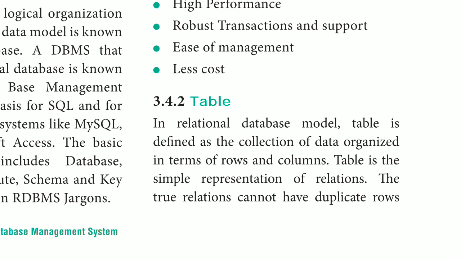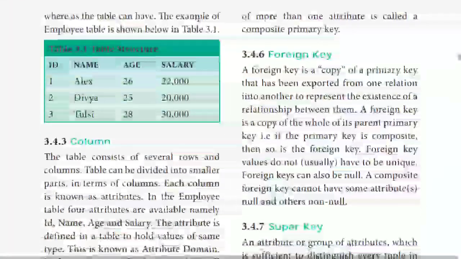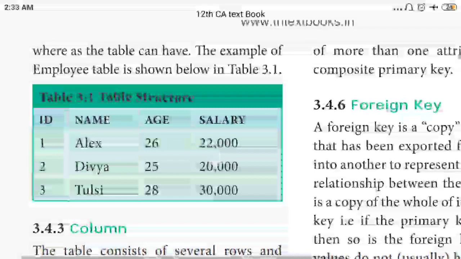So the first one is table. In the relational database model, a table is defined as a collection of data organized in terms of rows and columns. Here there is one sample table, table 3.1.